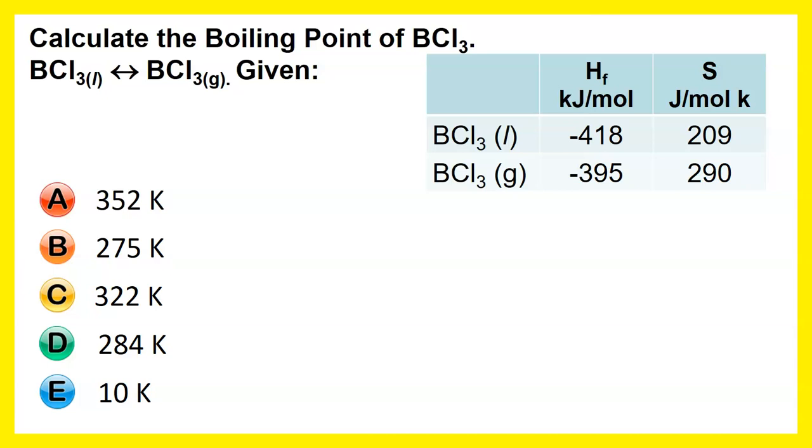So you have to remember that phase changes are equilibriums. Going from liquid to gas and gas to liquid for this substance is an equilibrium. And so if we know that delta G is 0 at equilibrium, that is my connection between thermodynamic data and an equilibrium question like, at what temperature does this occur?